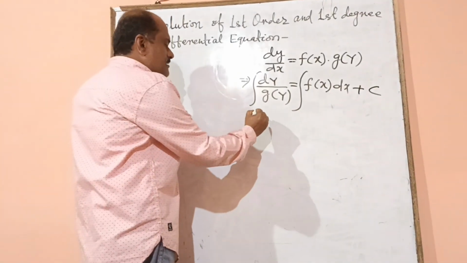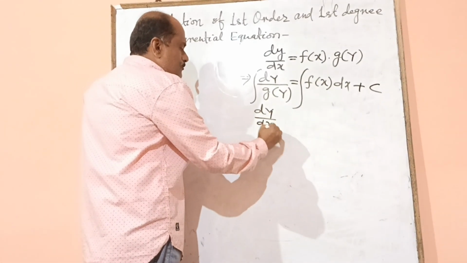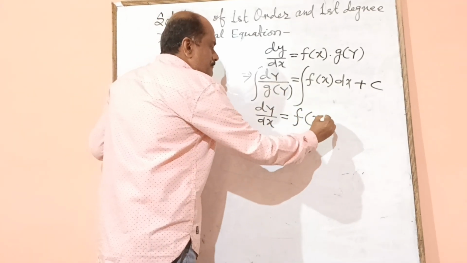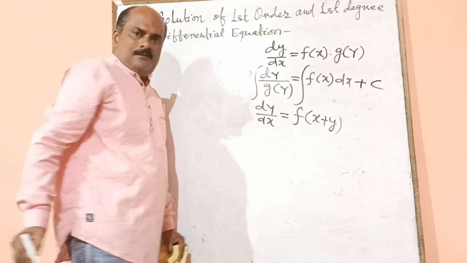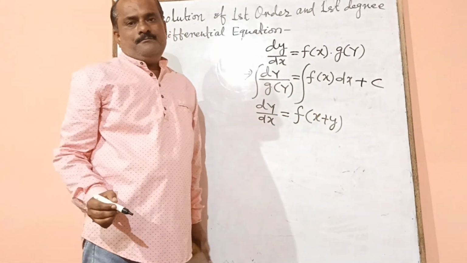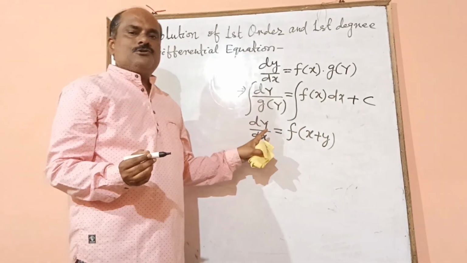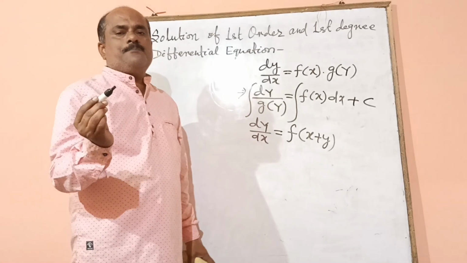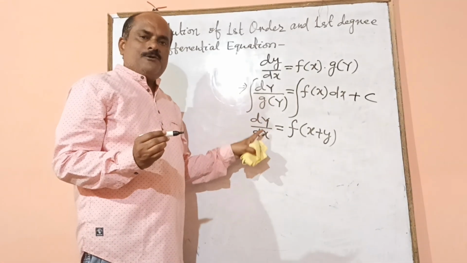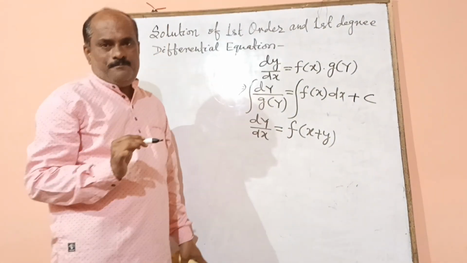If the equation is in the form dy/dx = f(x + y), then by substituting x + y as a new variable, we can solve it by the variable separable method. dy/dx must be a function of x + y.